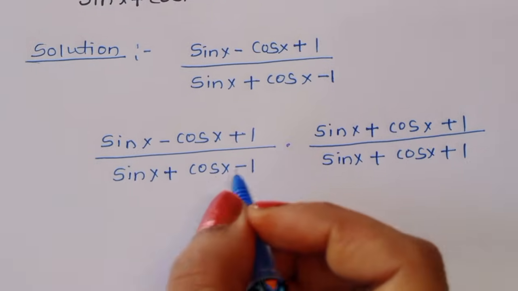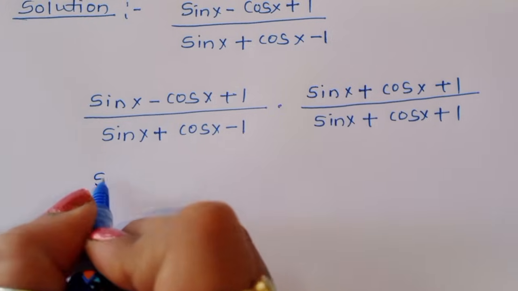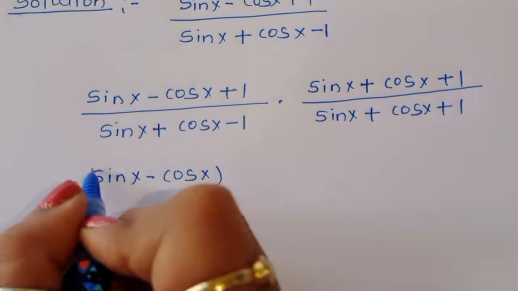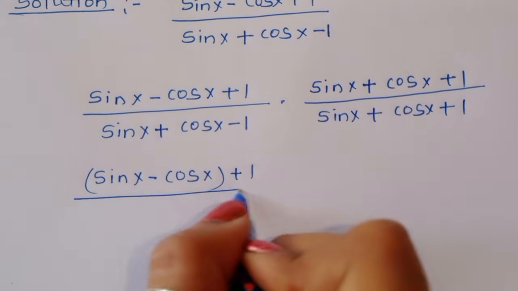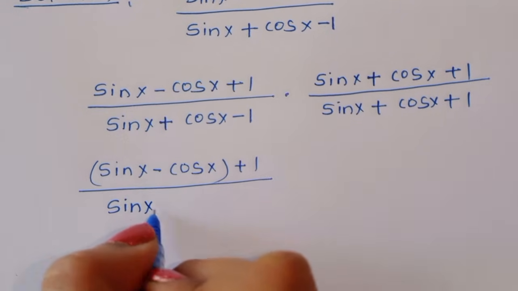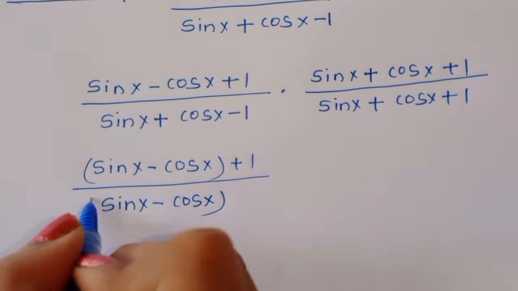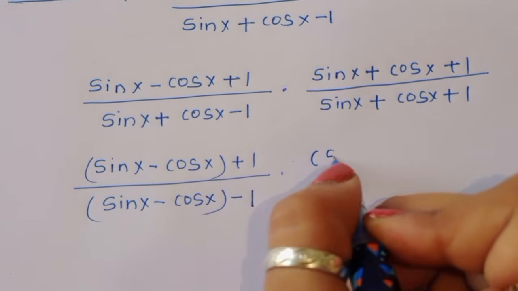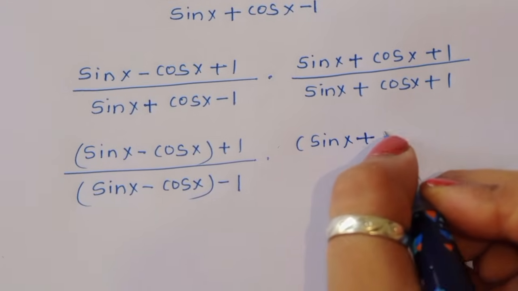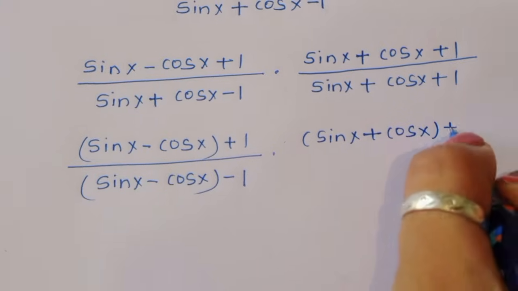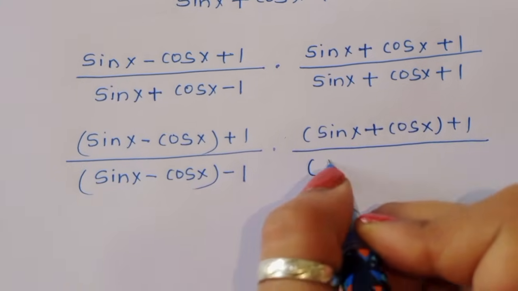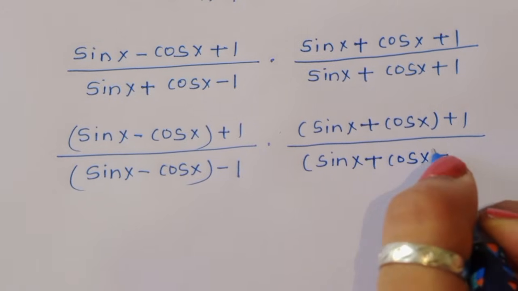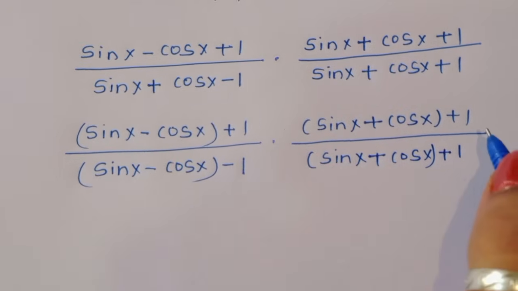Now we can write this as (sin x minus cos x plus 1) divided by (sin x plus cos x minus 1) times (sin x plus cos x plus 1) divided by (sin x plus cos x plus 1), right?